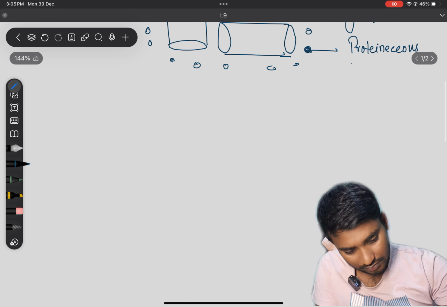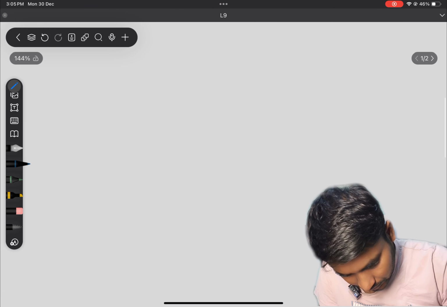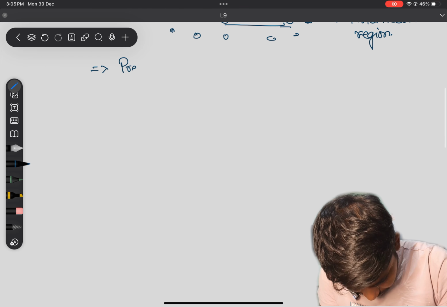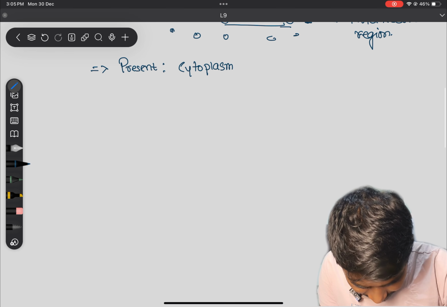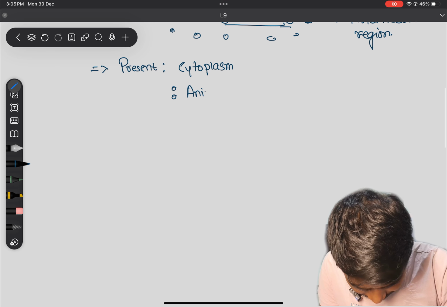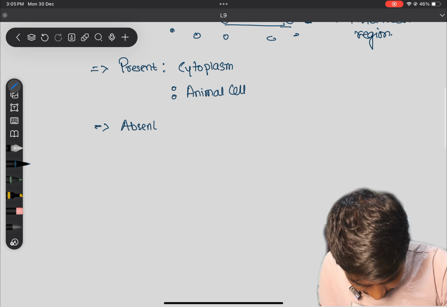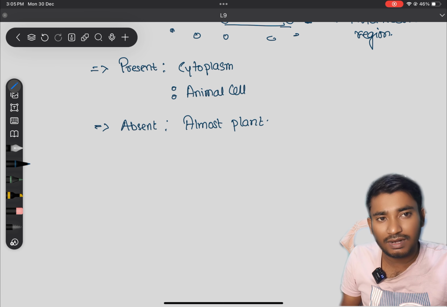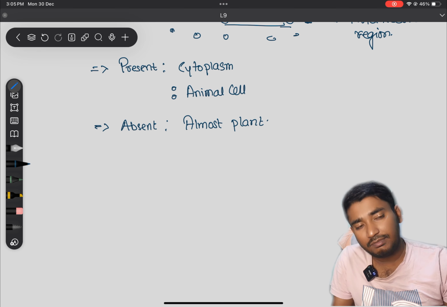It is present in the cytoplasm of the animal cell, and absent in almost all plants.